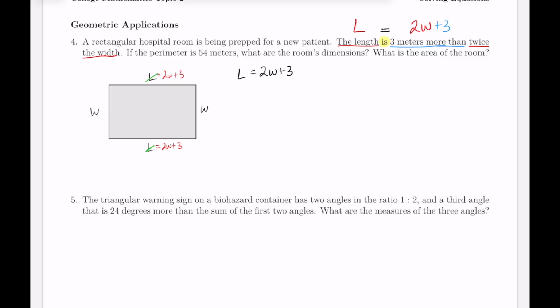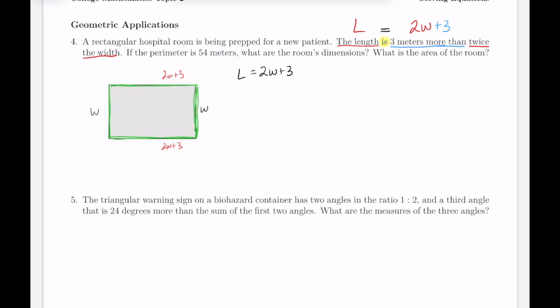Now, when I have what I have here for this rectangle, I have every side identified, right? You see, this side is the width, this side is the width, this side is twice the width plus 3, and this side is also twice the width plus 3.